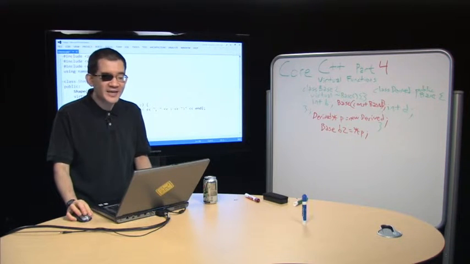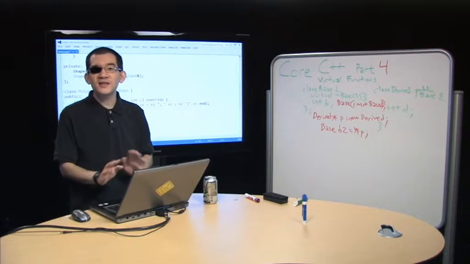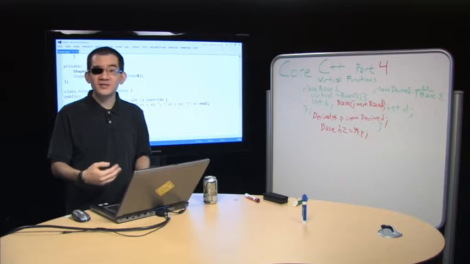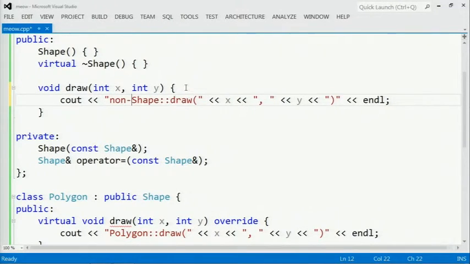Whereas with the NVI idiom, we can provide more structure. And again, it's completely a convention. Nothing in C++ requires you to code like this, but it's a pattern that you can follow. The way NVI looks is, instead of having a public virtual function, I have a public non-virtual function. Here I could say shape draw, and I can even say that this is non-virtual.